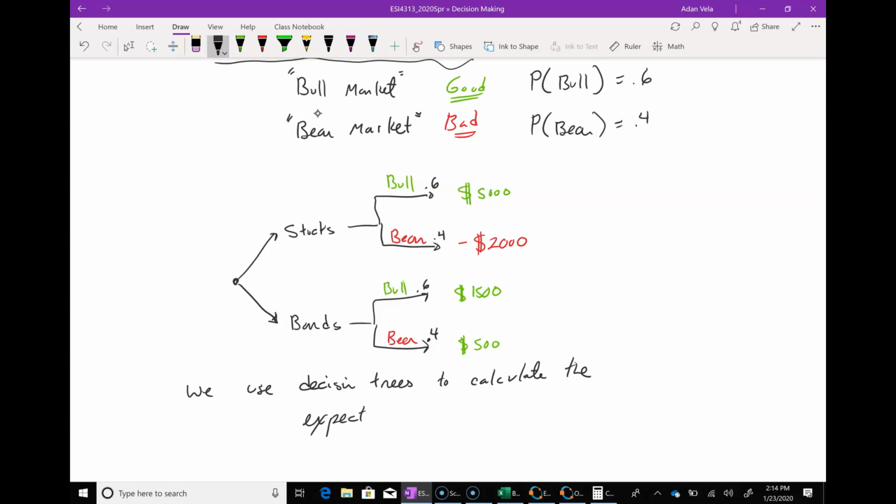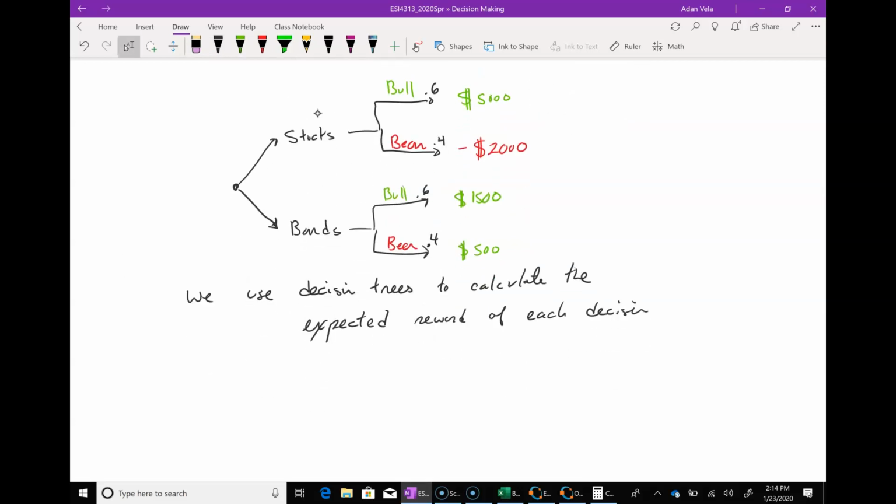And it's not just the expected reward, it's the expected reward of each decision. All right. So let's see how this works out.